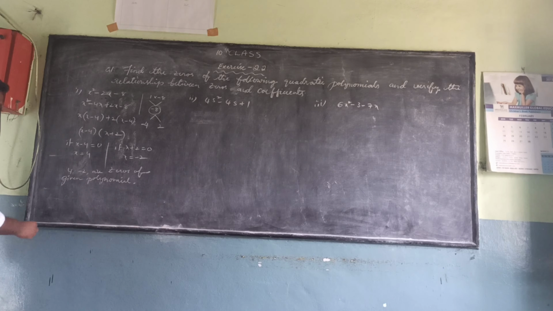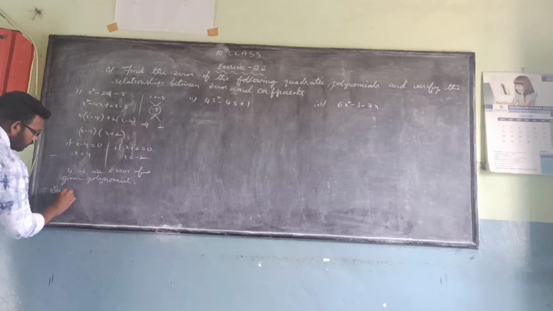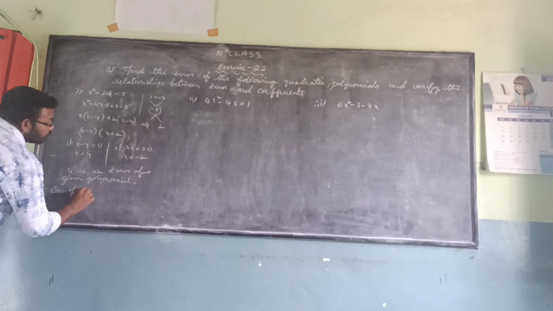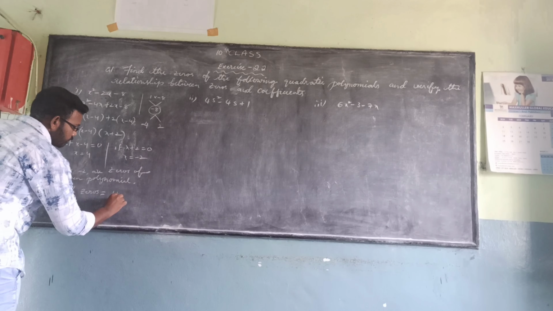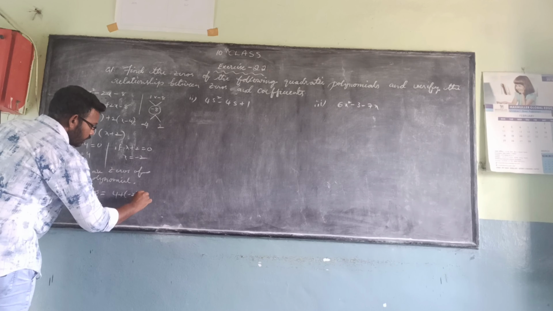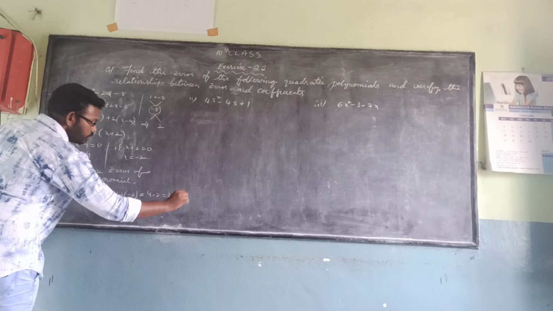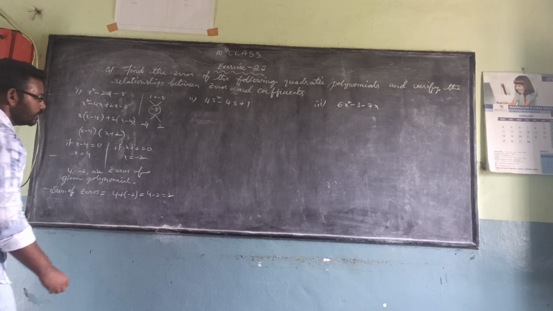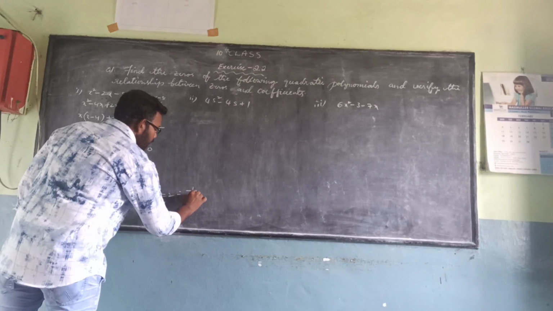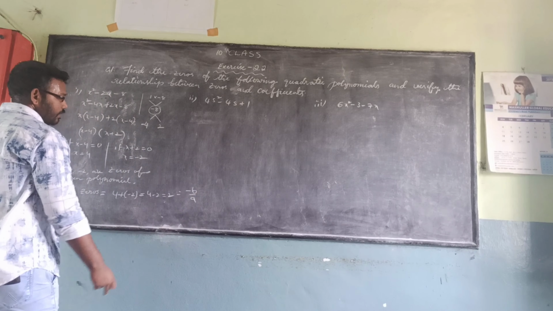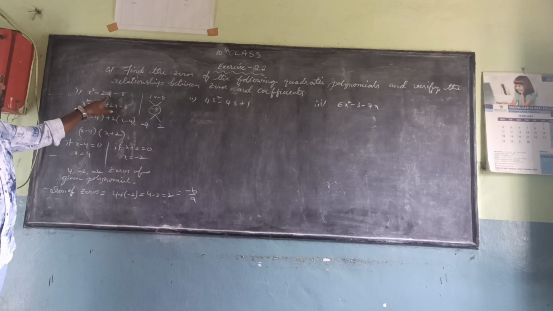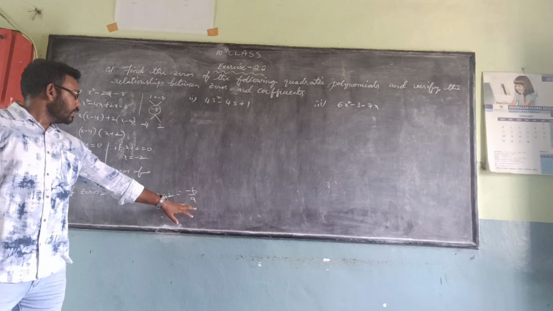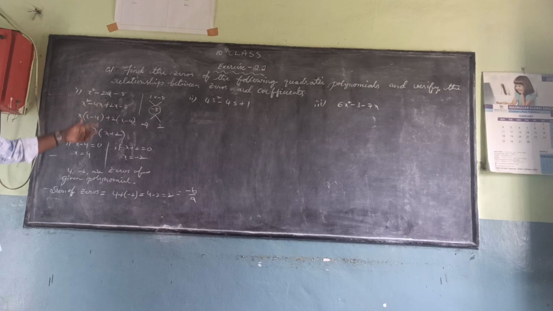Here, if you observe, the sum of zeros, that means 4 plus minus 2, gives 4 minus 2 is equal to 2. It is nothing but minus b by a. Here b is the coefficient of the x term, and a is the coefficient of x square.